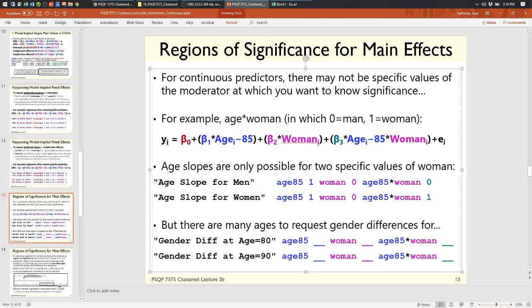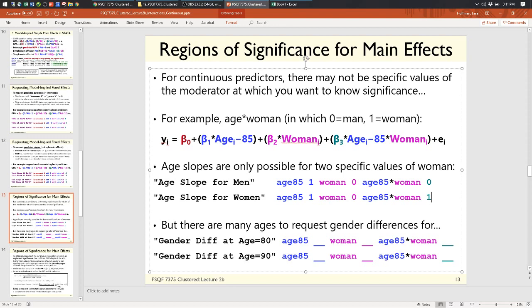So if this is my analysis, I can think of reporting 3 different numbers. I could talk about what the age slope is for men and whether that's significant. I could talk about what the age slope is for women and whether that's significant. That's not directly provided by the model, but it is predicted by the model. And the interaction term then is the missing piece: is the age slope for men significantly different than the age slope for women?